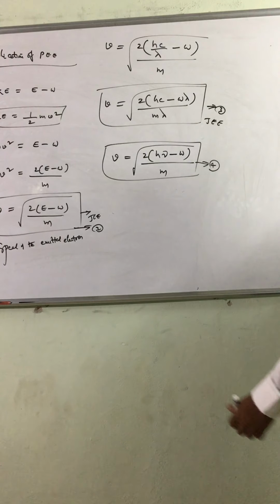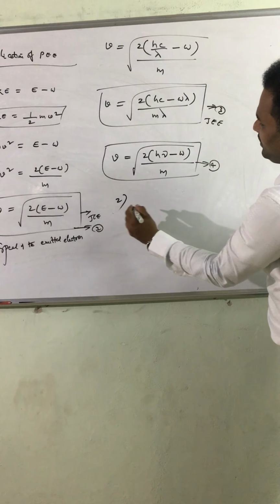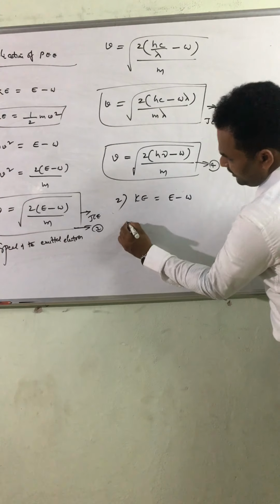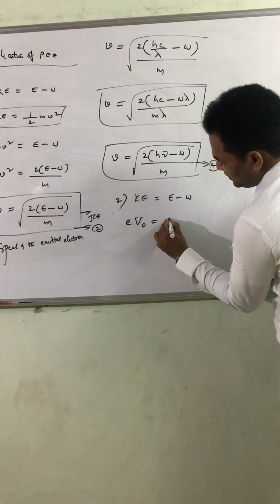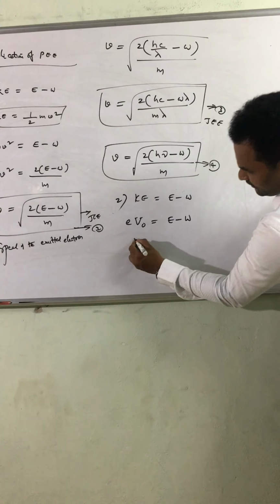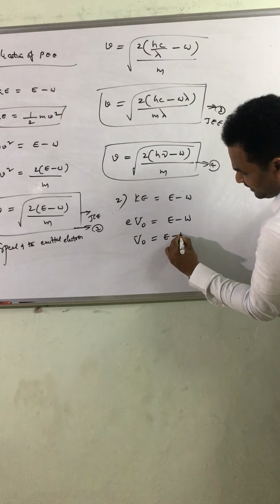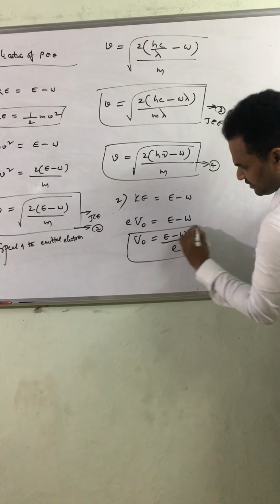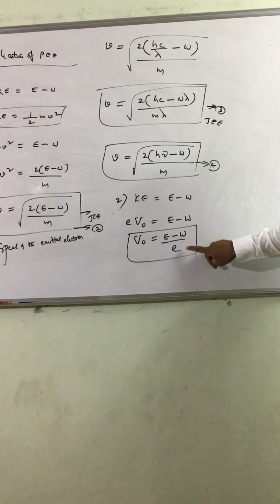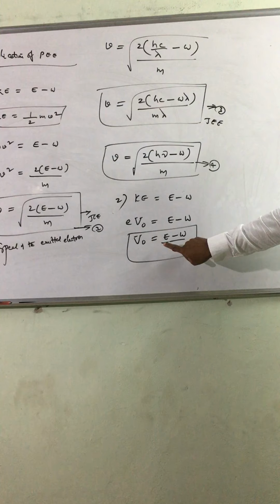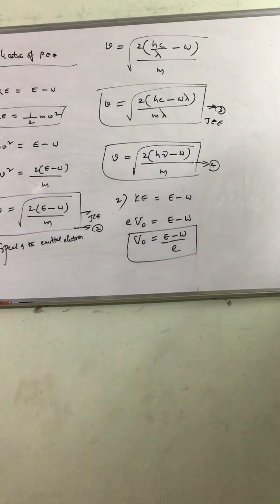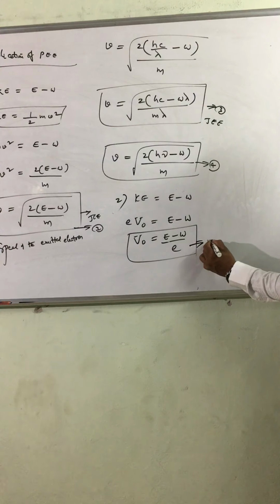Very, very important. Now, KE is equal to E minus W, right? KE is equal to eV naught is equal to E minus W. We have to calculate V naught: (E minus W) by e, right? So this is joule, this is joule, this is coulomb, this is electron volt, this is electron volt, this is electron; you can get it by volt. Understand?